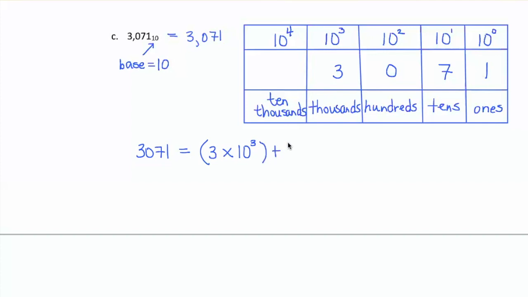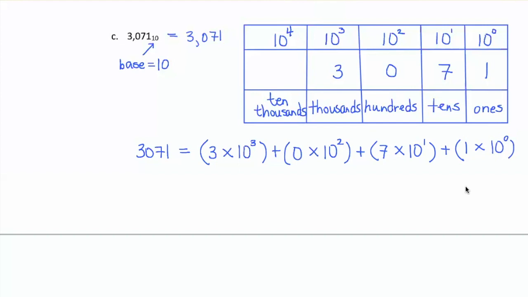To that, I'm going to add, I have no hundreds, is what I've just said there. Now I have 7 in the tens column. 10 to the first is a shortcut way to say 10. So we would write this as 7 times 10 to the first, which you know would be 70. And finally, we have 1 times 10 to the 0. So you'll remember this kind of thing from our skills pretest.